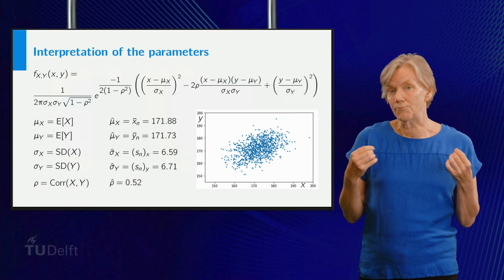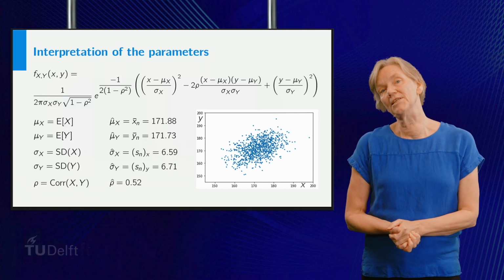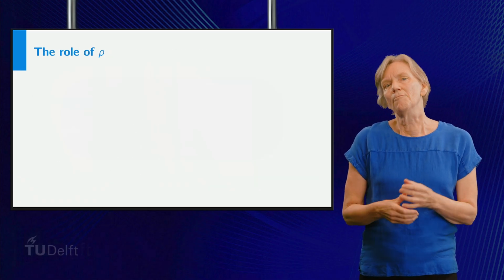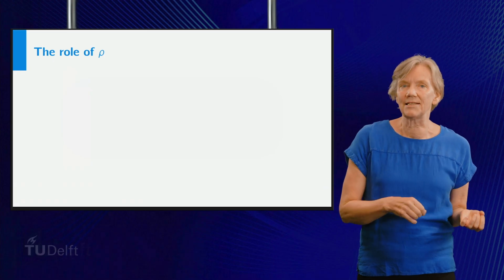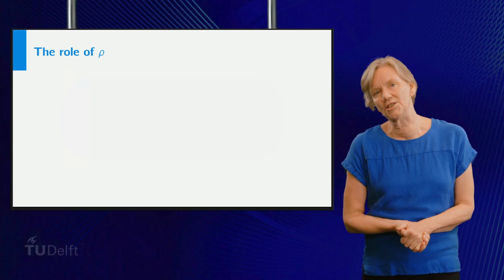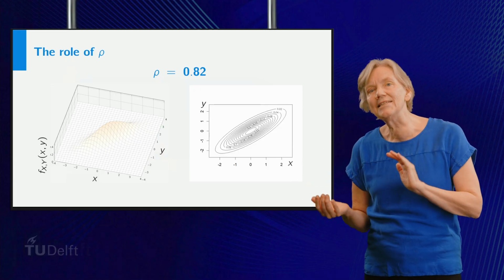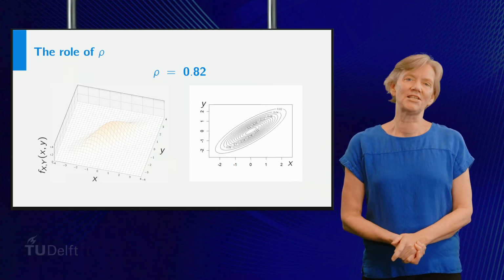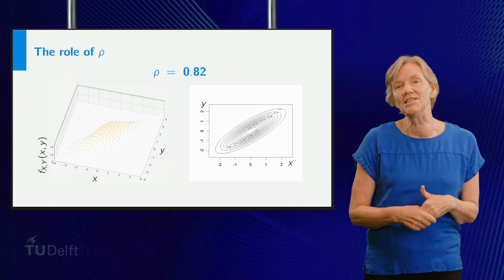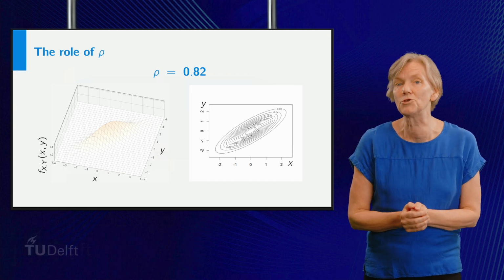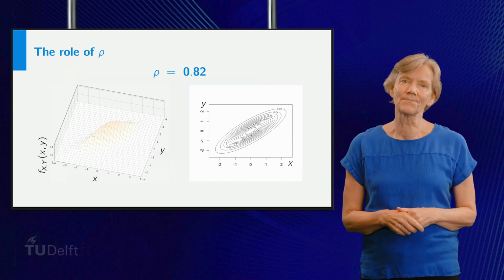What is the role of rho in this joint distribution? We now use standard mu and standard sigma values of 0 and 1 and change the rho. This is the probability density function for rho is 0.82. The correlation between the two variables is even stronger than in the sisters case.